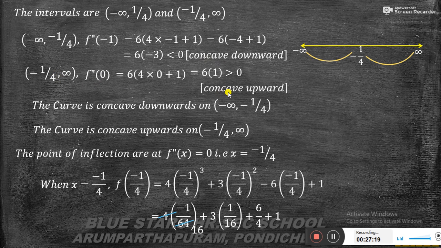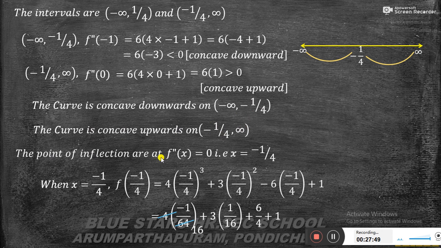Here I take x equal to minus 1 from this interval, I substitute in the f double dash, I got the answer minus 18, which is less than 0, so concave downward. Next x equal to 0 I substitute here, I got a positive answer, greater than 0, concave upward. Therefore the curve is concave downward on minus infinity comma minus 1 by 4, and concave upward on minus 1 by 4 comma infinity.